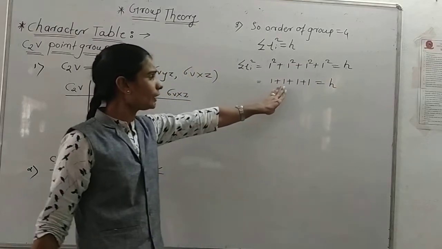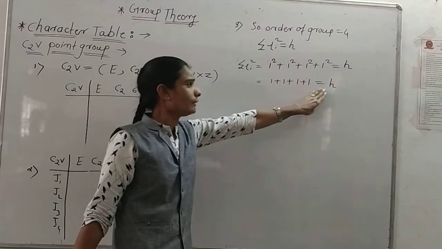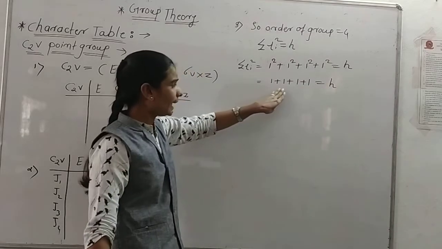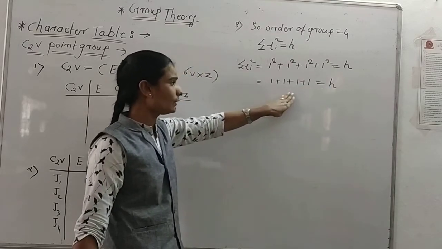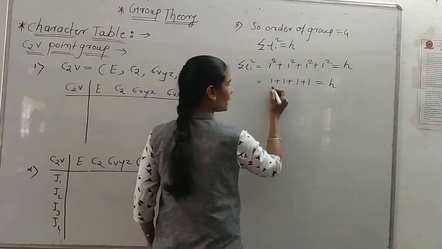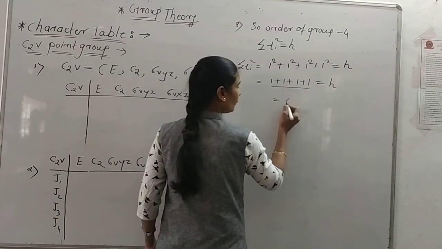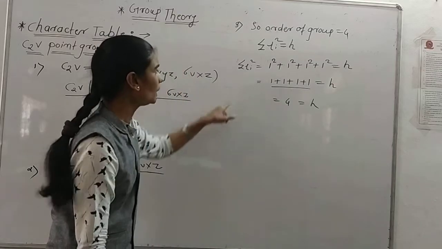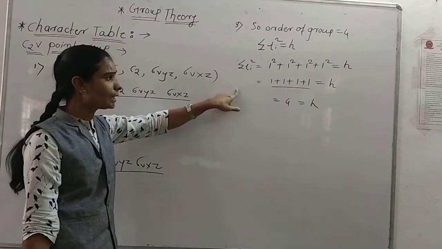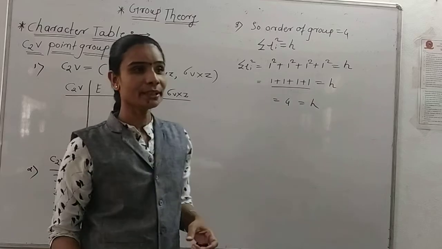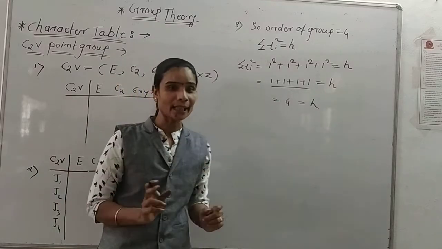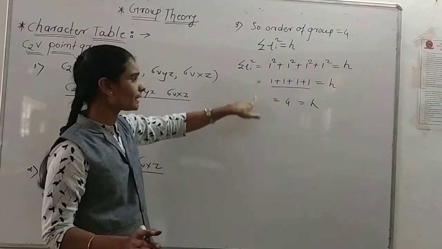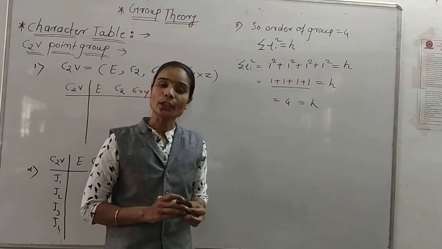This addition is nothing but 4, which is equal to the order of group. So according to this third rule, we arrange dimensions in such a way that the sum of the squares of dimensions is equal to the order of group.